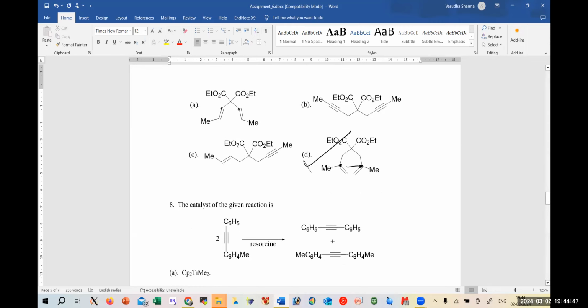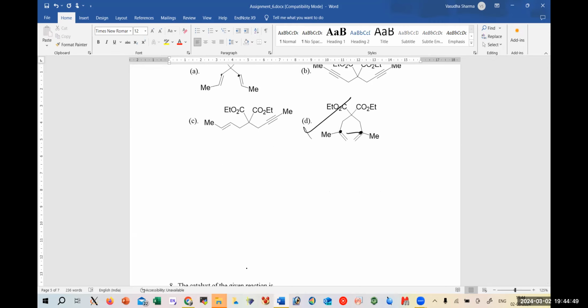What is actually happening here? If I'm taking this methyl, CO2Et. So this dotted and this star mark.